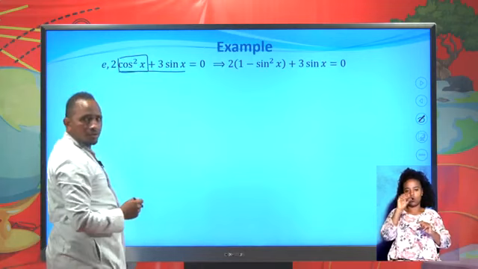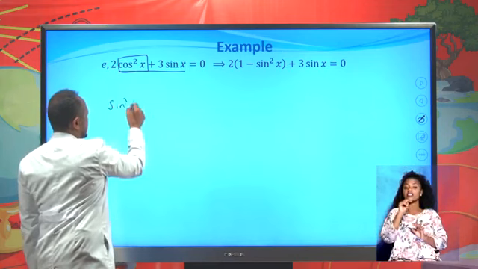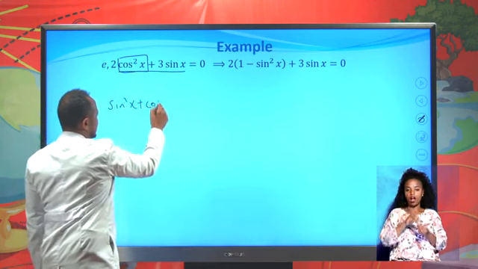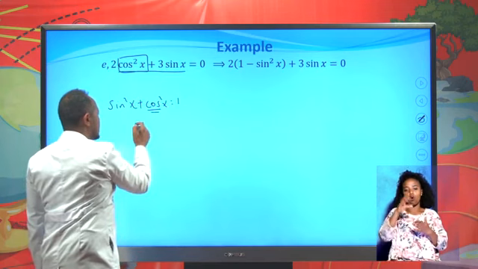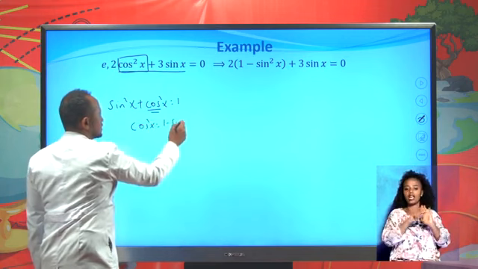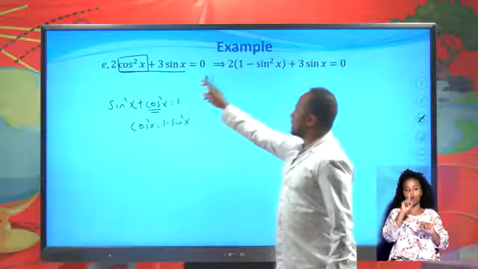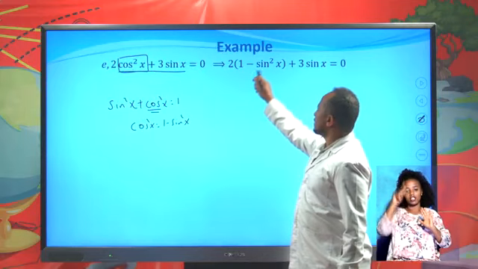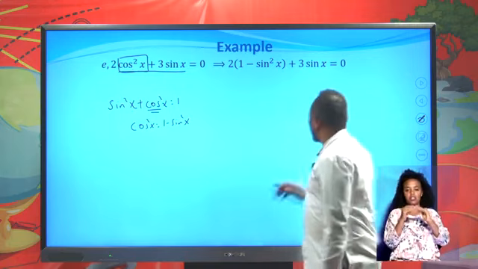You know sin squared x plus cos squared x equals 1, so cos squared x will be 1 minus sin squared x. Therefore, in place of cos squared x, I can put 1 minus sin squared x. We have 2 times, in place of cos squared x, substitute 1 minus sin squared x, plus 3 sin x equals 0.